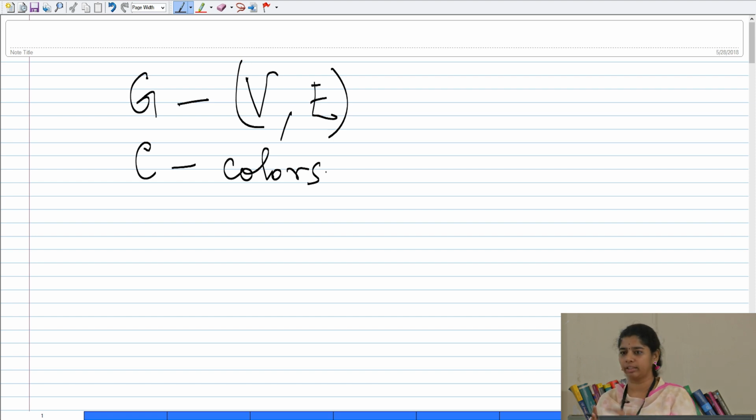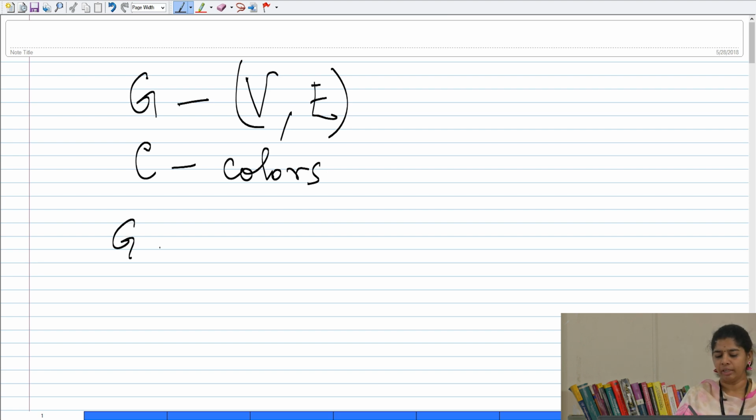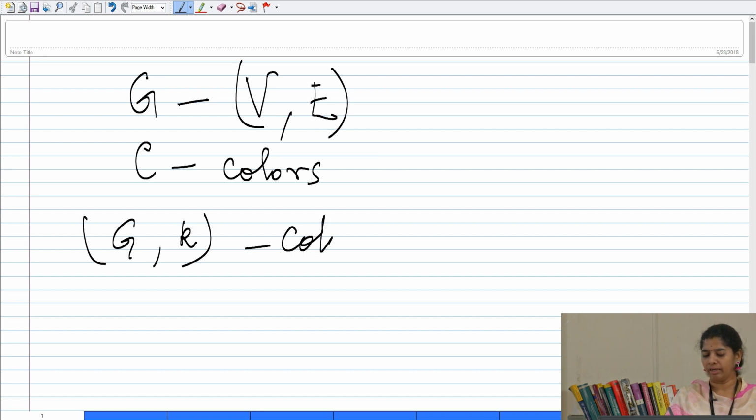In some books they call it just vertex coloring itself, or proper coloring. So the idea of proper coloring is that given a set of colors and this vertex set, how many colors do I need to color them so that any two vertices, if they are adjacent, should not receive the same color. Okay, so this is a proper coloring. So to define it, given a graph G and say k colors, we want to color the vertices.